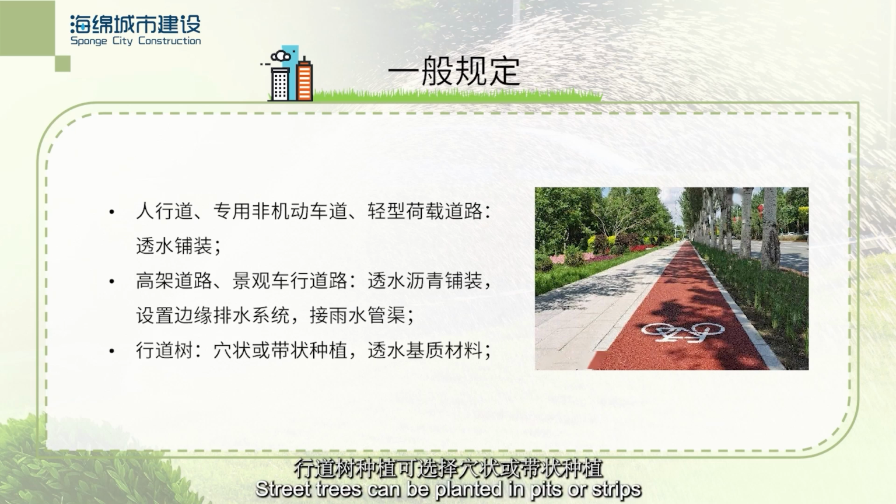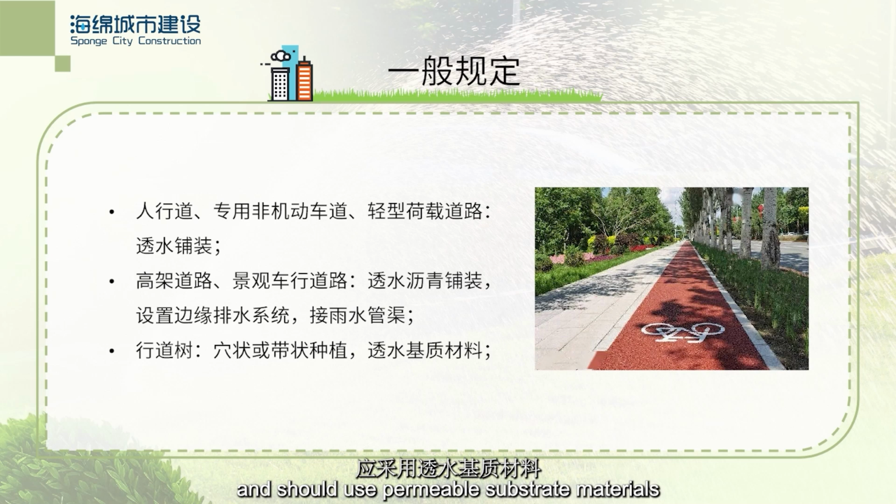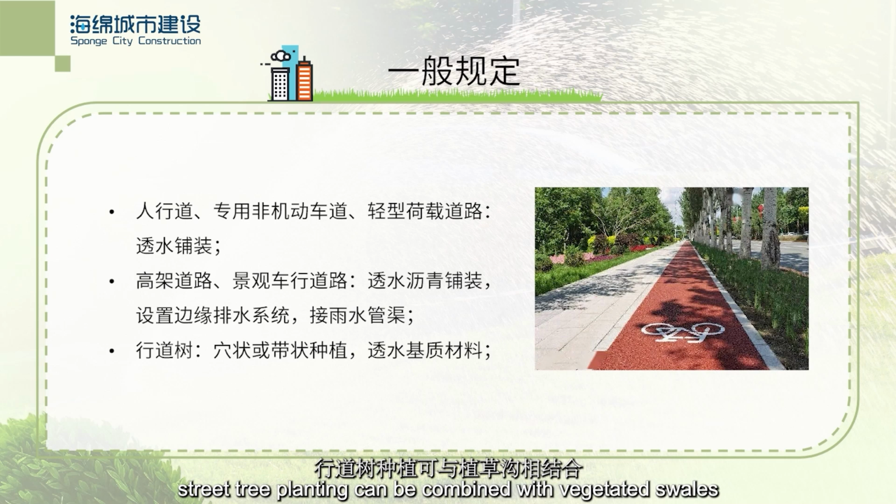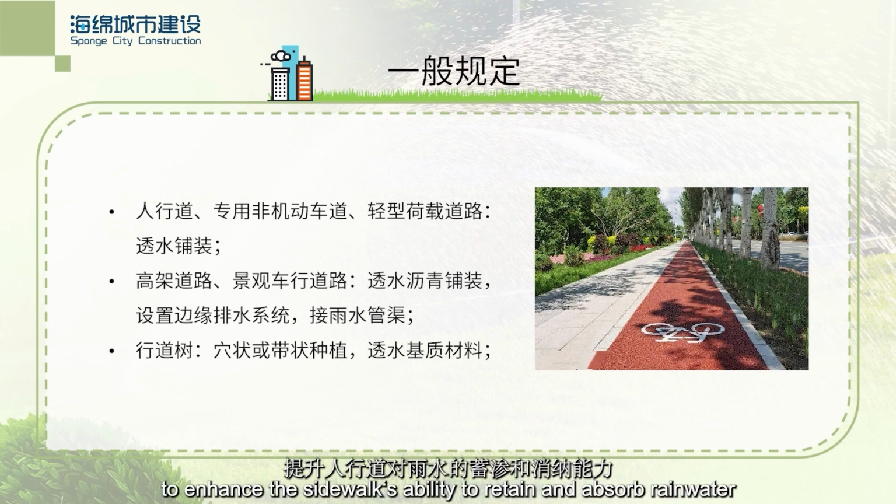Street trees can be planted in paved soil strips and should use permeable substrate materials where conditions permit. Street tree planting can be combined with vegetated swales to enhance the sidewalk's ability to retain and absorb rainwater.